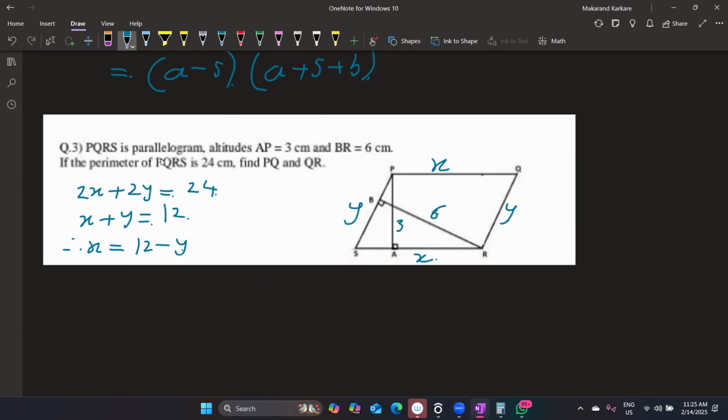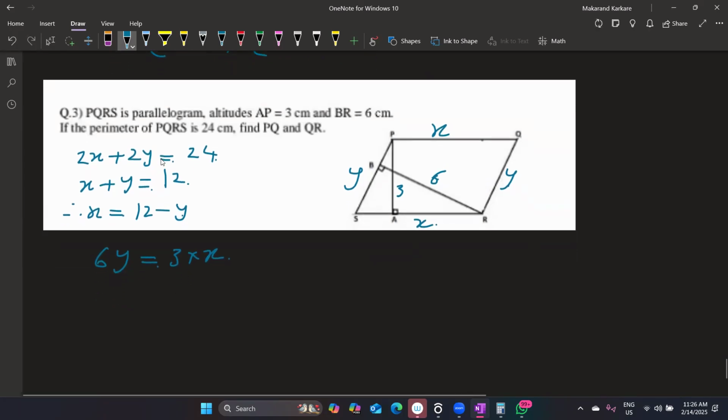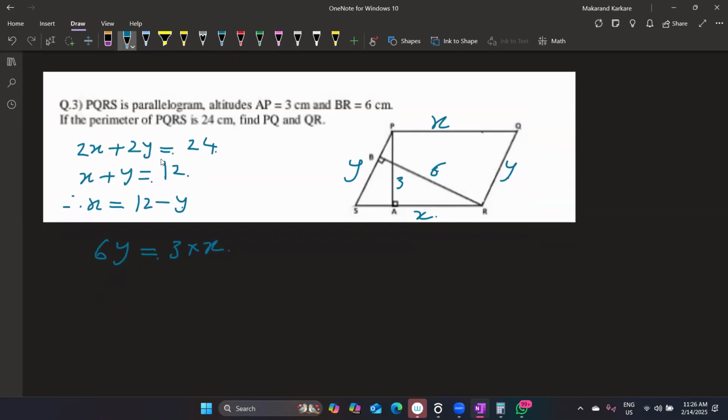Now, as per the area, do you agree that 6 into Y must be equal to 3 into X? Yes. So just substitute.